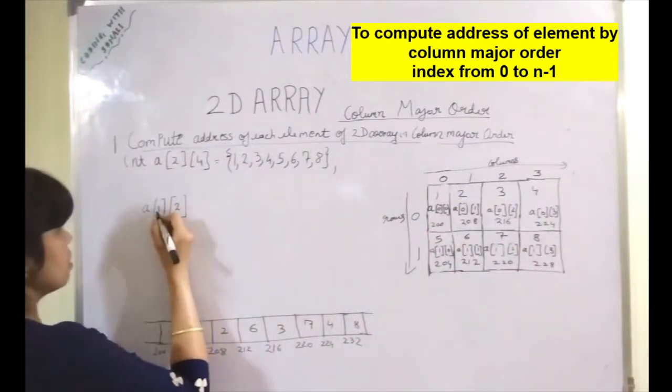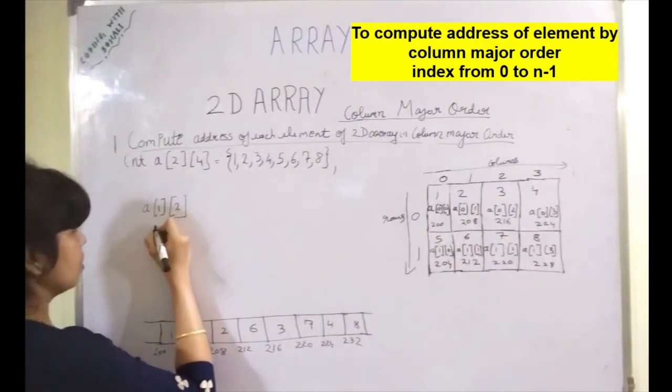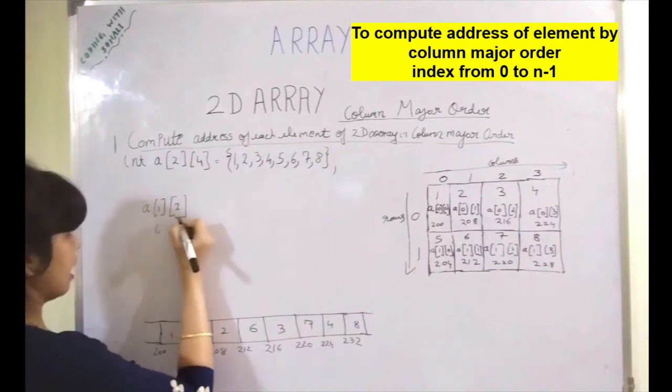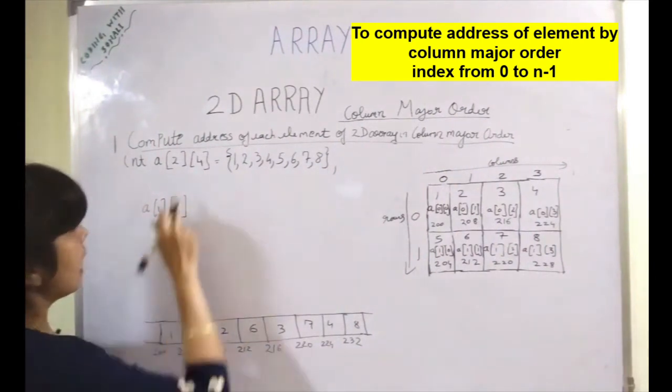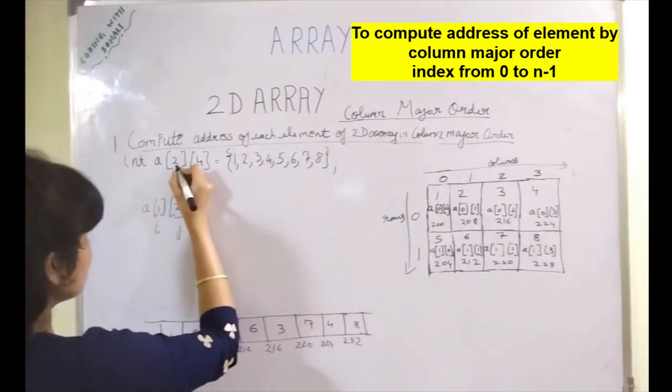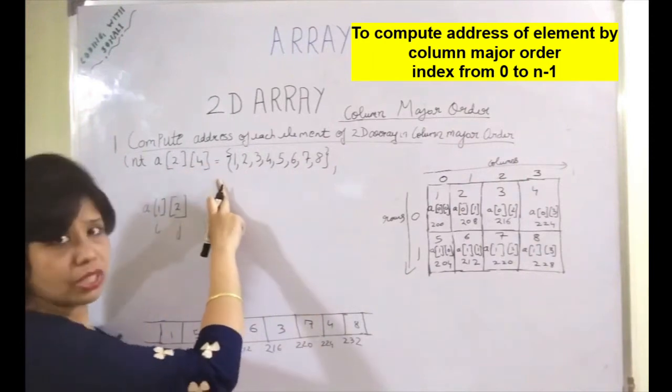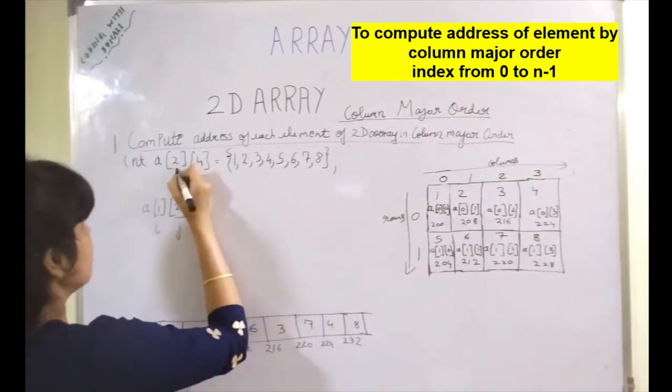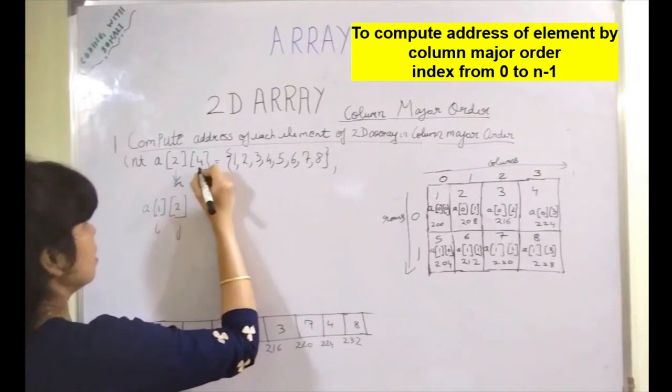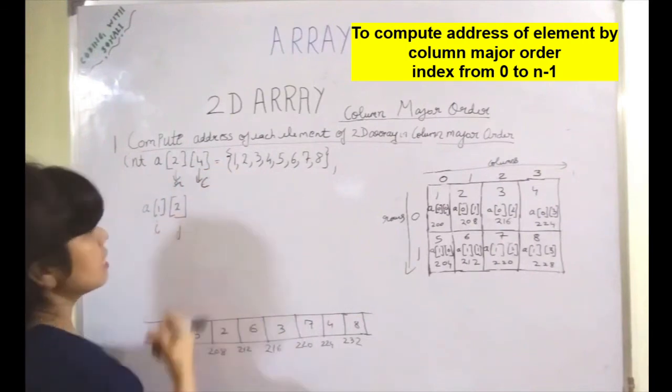So therefore we will just represent this one as I and this one as j, and we know the size of the 2D array, 2 and 4. This can be represented as R, and we can use this as C.